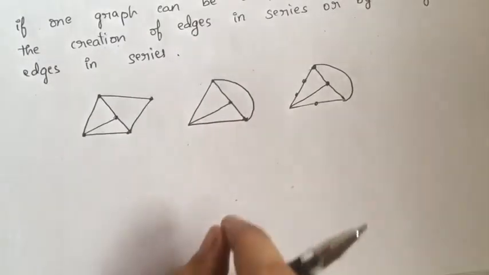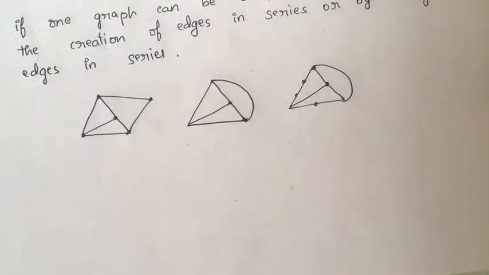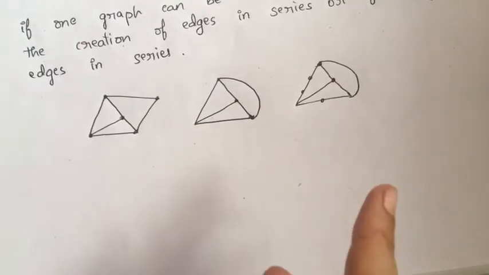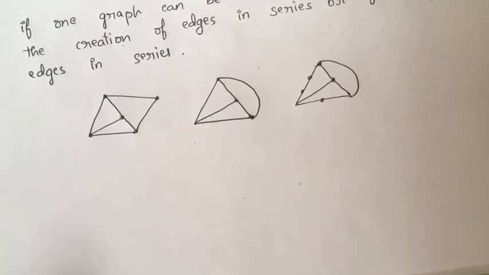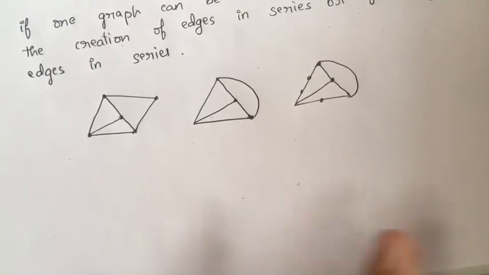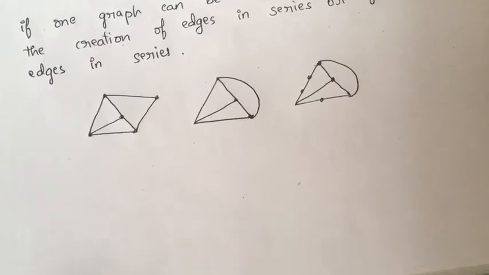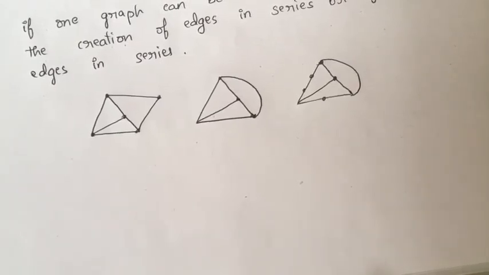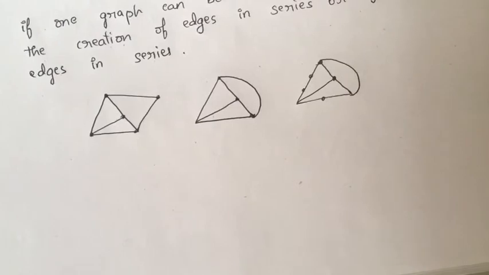I repeat, a necessary and sufficient condition for a graph to be planar is that it should not contain either of the two Kuratowski's graphs or any graph homeomorphic to either of them. So the theorem says a necessary and sufficient condition for a graph G to be planar is that G does not contain either of the two graphs K5, K3,3 or any graph homeomorphic to either of them.